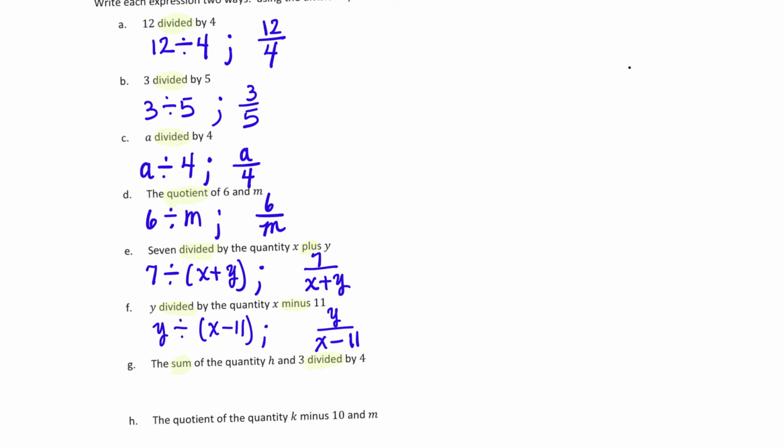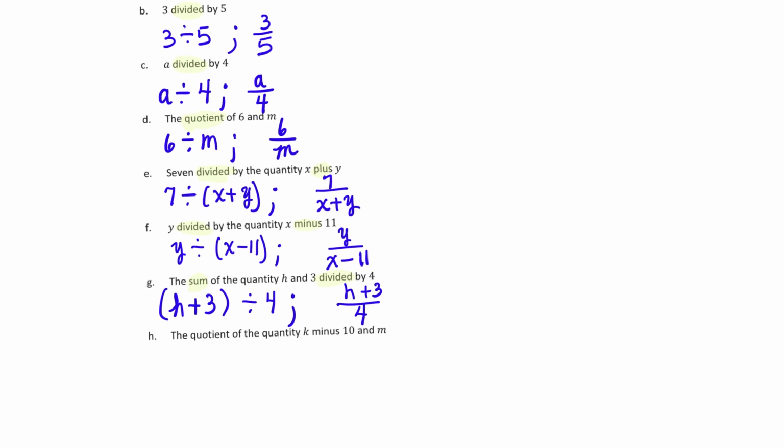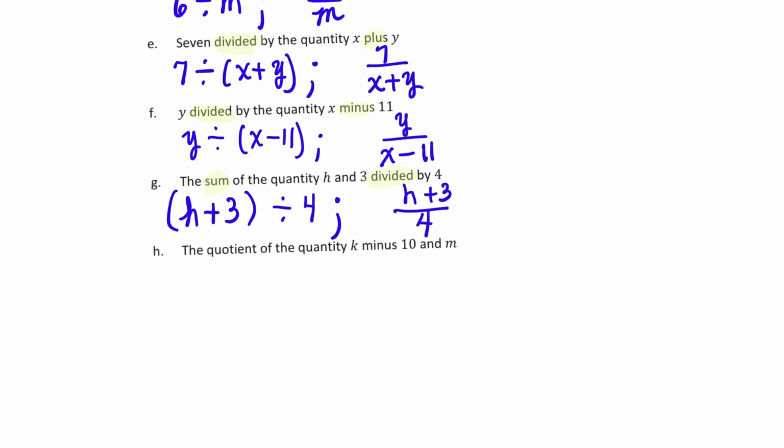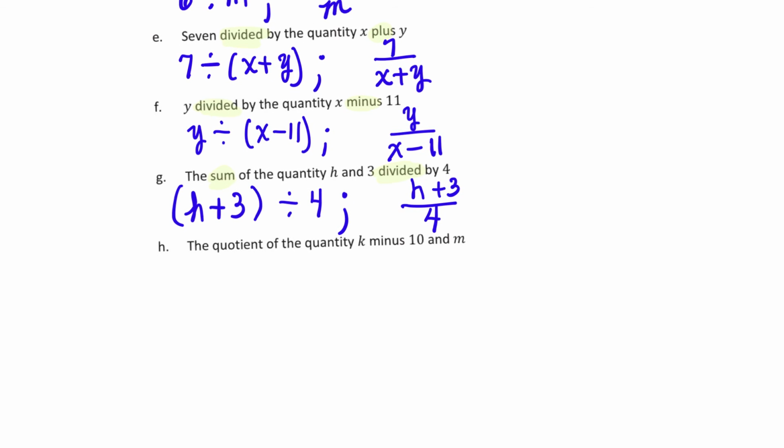So we are talking about an addition first of h and 3 divided by 4. Let's do the fraction. The sum of h and 3 divided by 4. So in some cases, one expression might make more sense to you than the next one. You decide. Just pay close attention to how you read it and the order, and that might really help you.